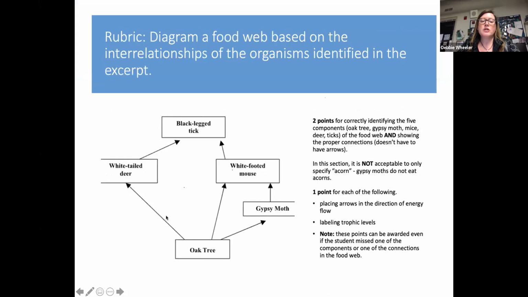Your diagram should look like this. Remember that your arrows should go in the direction of energy flow. So we have our oak tree producer down here. We have gypsy moths, white-footed mice, white-tailed deer are our primary consumers. And then white-tailed deer and white-footed mice are also going to be consumed by the black-legged tick.